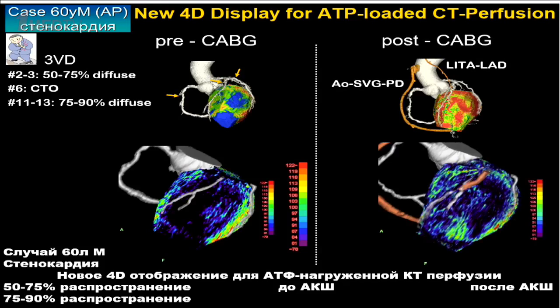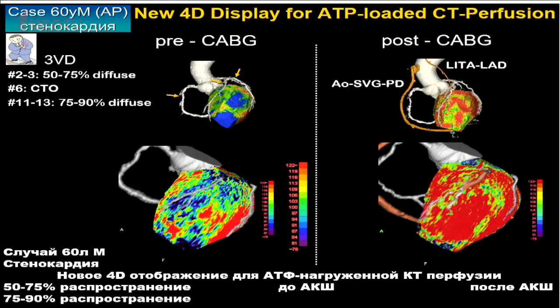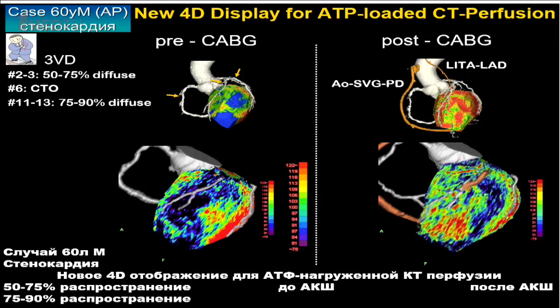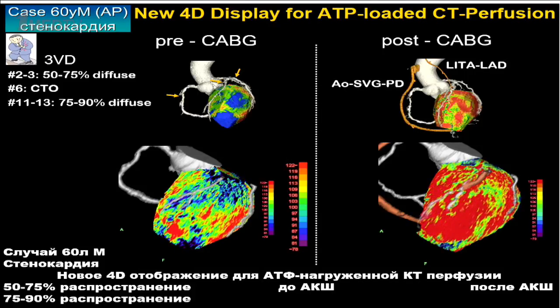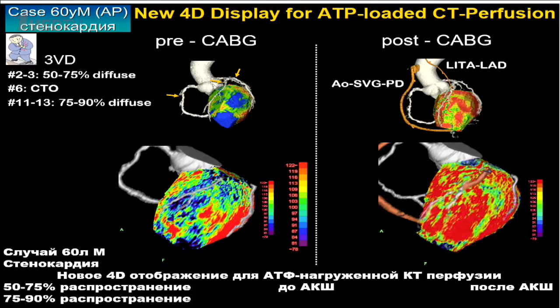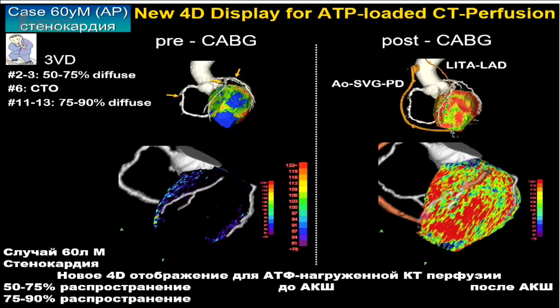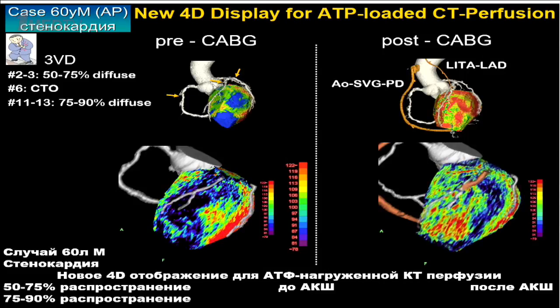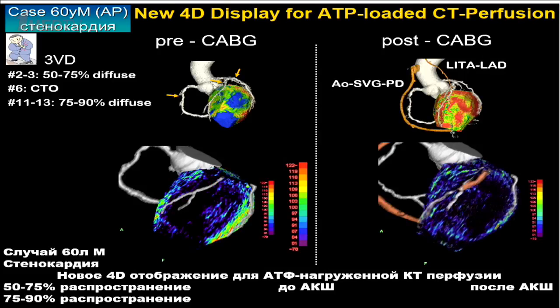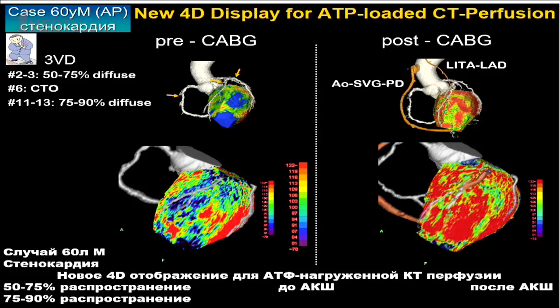So this is another patient having triple vessel disease, but the anterior artery area is hypoperfused in the left, but after a coronary artery bypass operation, the ischemia is gone.